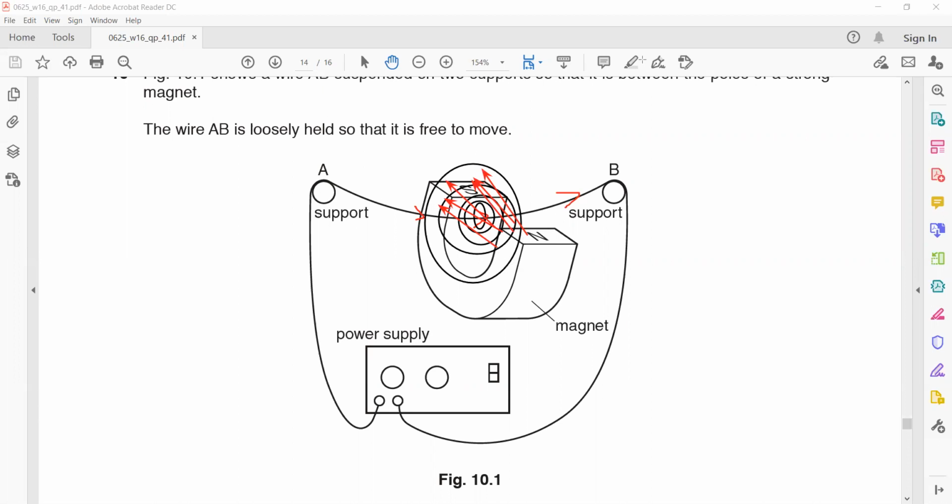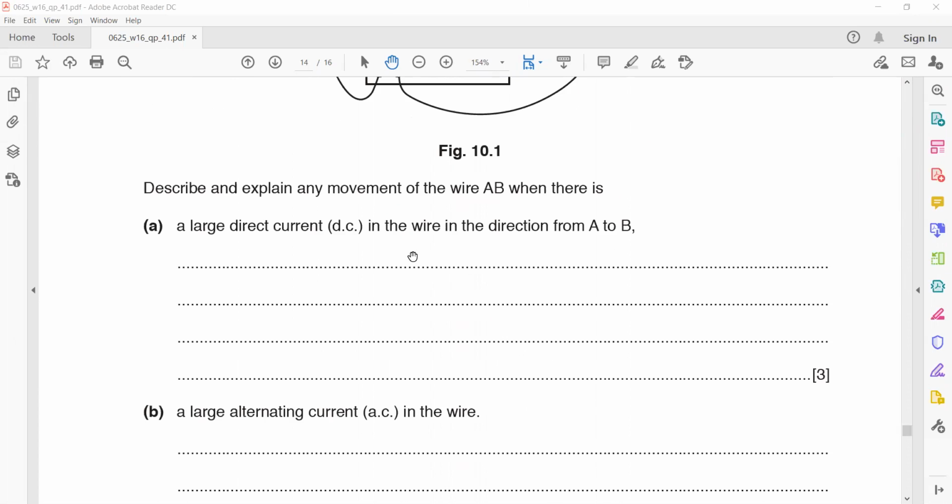So the answer here: when current passes through a wire, the wire will produce a magnetic field. The magnetic field of the wire interacts with the magnetic field of the permanent magnet, and the wire experiences a force.